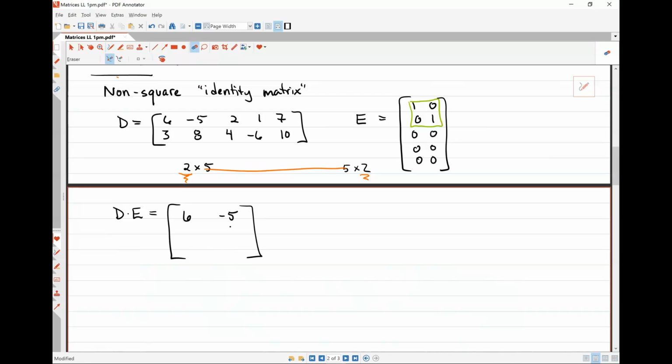Similarly, if you work through these last two, you'll see that this is going to pick out the 3 and the 8.